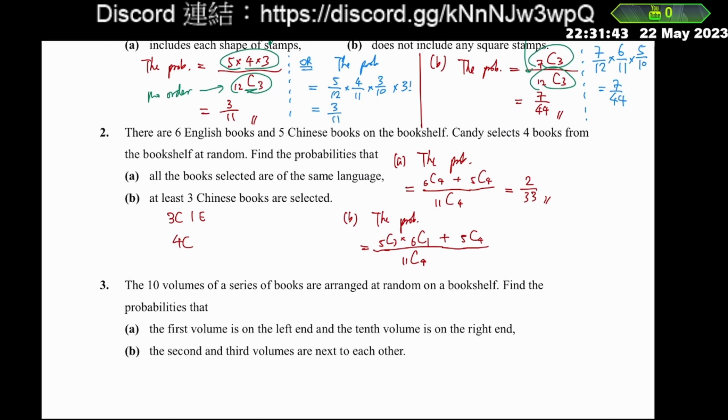Then put them together into the step and press the calculator: 5C3 times 6C1, and then add 5C4, and then over 11C4. Then we have the answer, 13 over 66. So this is question 2.